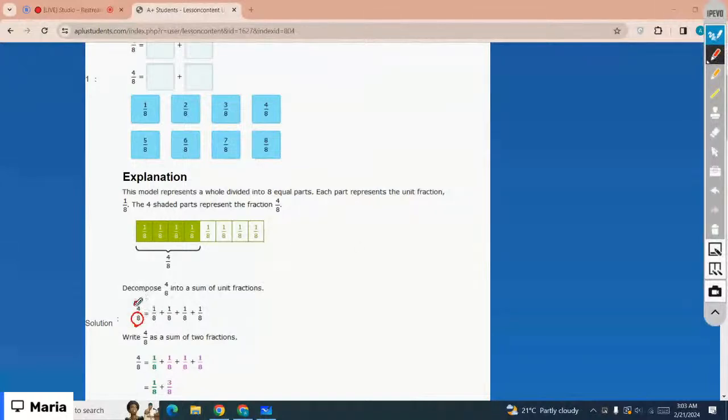You can decompose 4 as 1 by 8 plus 1 by 8 plus 1 by 8 plus 1 by 8, right? Now you can make 4 as 1 plus 3 or 2 plus 2, right? So you can write two fractions like 1 by 8 plus 3 by 8 because they have like denominators. Like denominators mean you can simply add their numerators, right? The other way is you can make 2 by 8 plus 2 by 8, right?